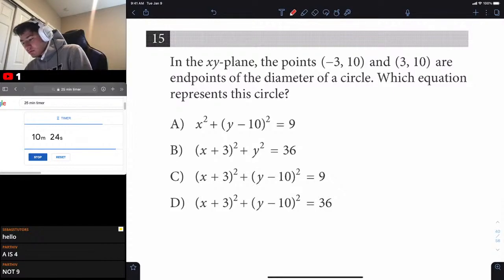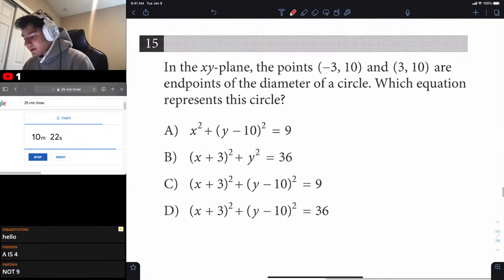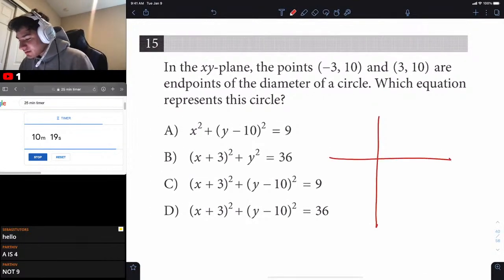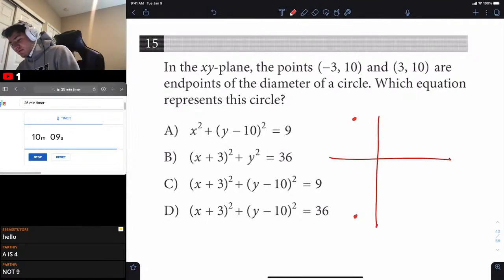In the xy plane like this, negative 3 comma 10 is somewhere here, and then positive 3 comma 10 is somewhere here. So then, let me think about this though. The radius has got to be 5.